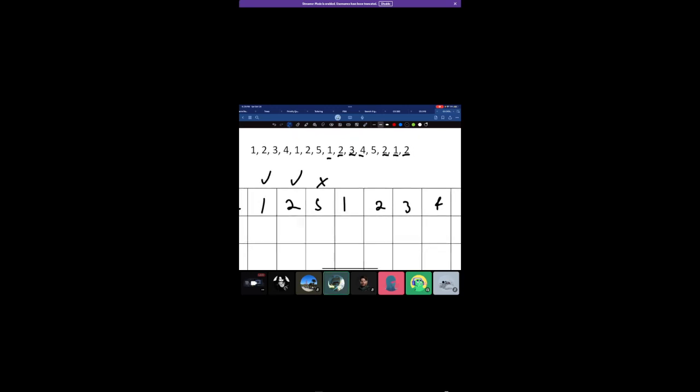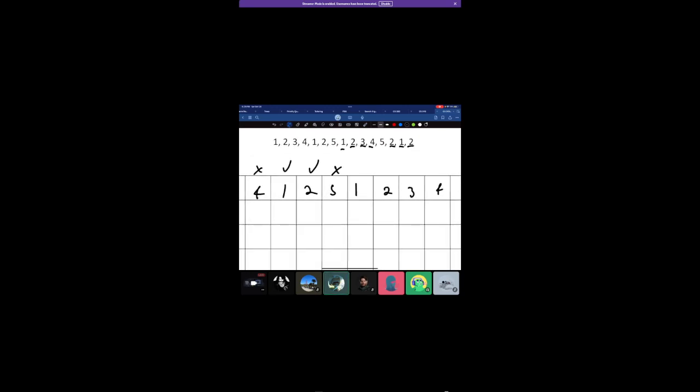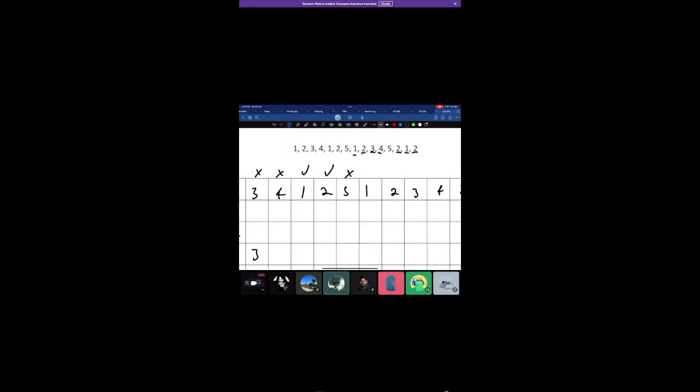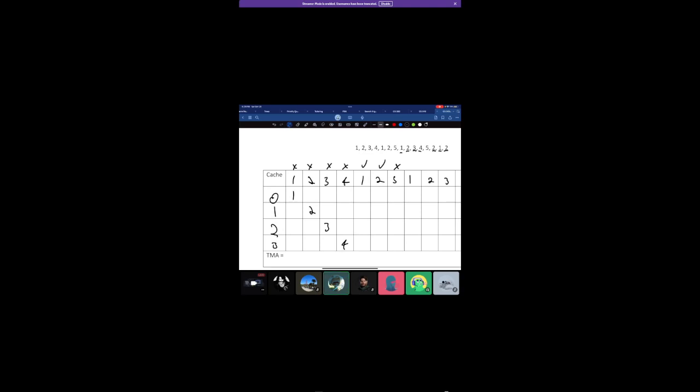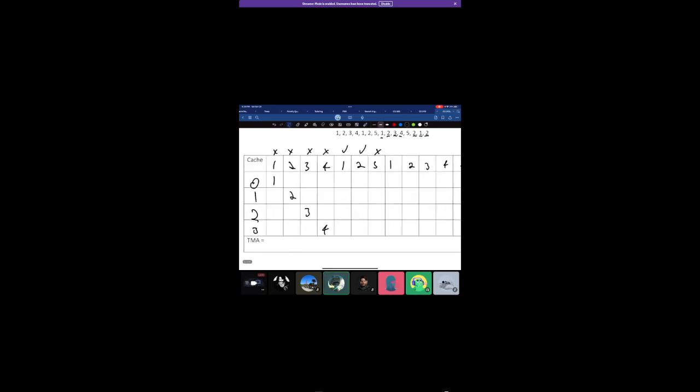You see, 1 is used twice, 2 is used 3 times, 3 is used once, and 4 is used once. So we get a tie. To break a tie in OPT, we use FIFO. We see 3 was put in first, and then 4. Then we're just going to replace the 3 with 5.